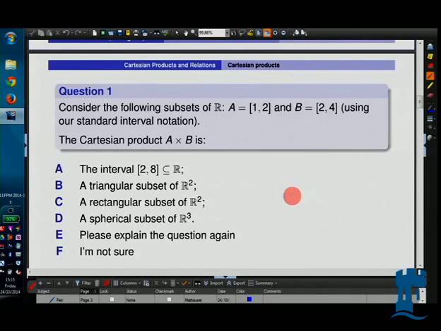I'll just remind you that our definition of A cross B is the set of all ordered pairs (a, b), where a is in A, b is in B, or you could do it as (x, y), or any other pair of letters you like.